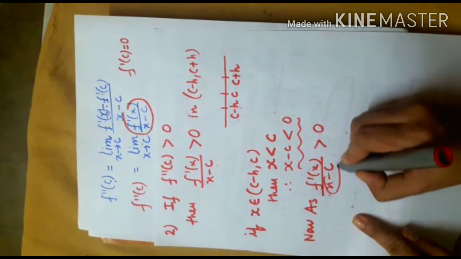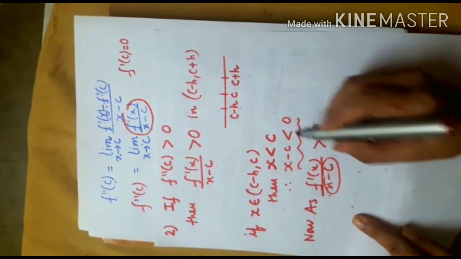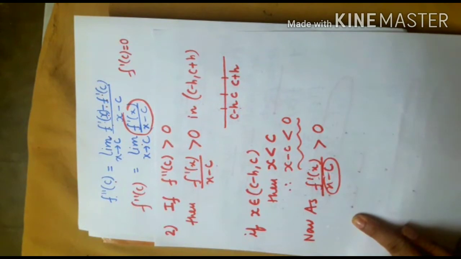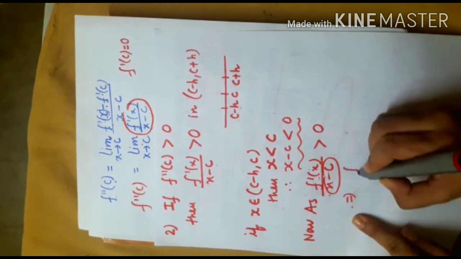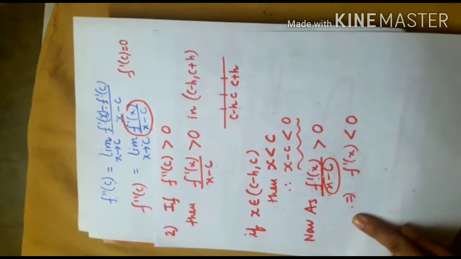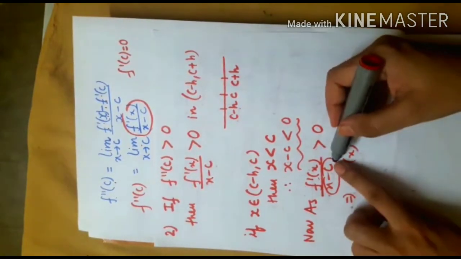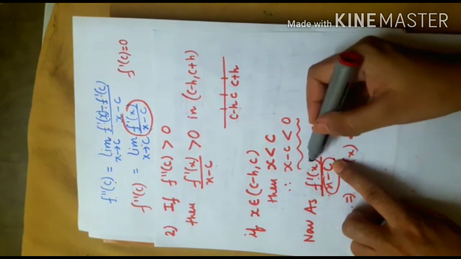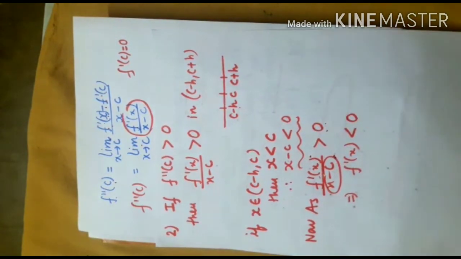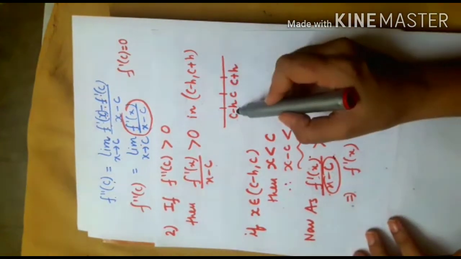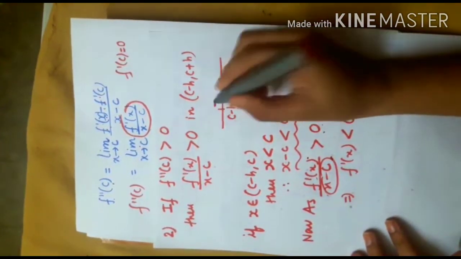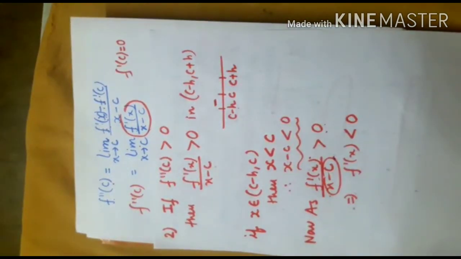But you know the denominator is negative. So can you tell me the sign of the numerator? Yes, the numerator has to be negative, because negative over negative will give you a positive result. So when x lies in this part, the sign of the derivative is negative, right?